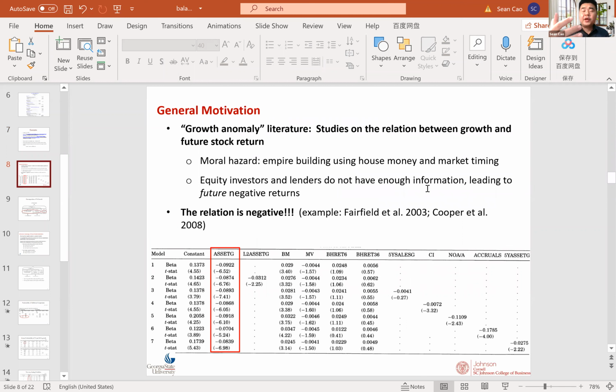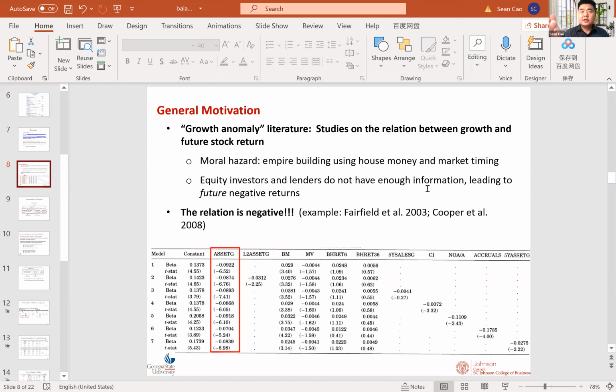The theory we have here is there's an agency problem between managers and the investors. You guys all understand that investors own the company, but managers run the company. So there's a separation between control and ownership.